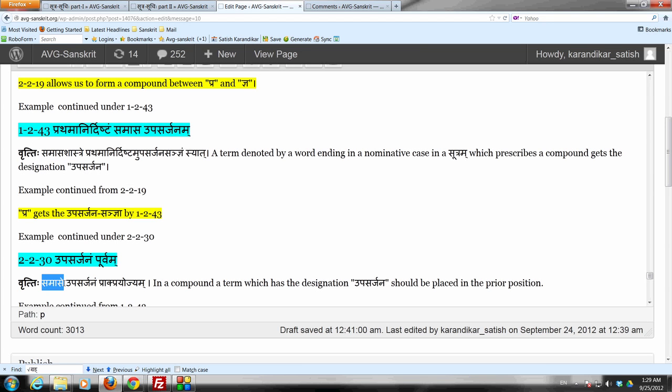So in a compound, a term which has the designation upasarjana sanya should be placed in the prior position, purvam. This prak is the same as purvam, prak prayojyam: it should be placed in the earlier position.